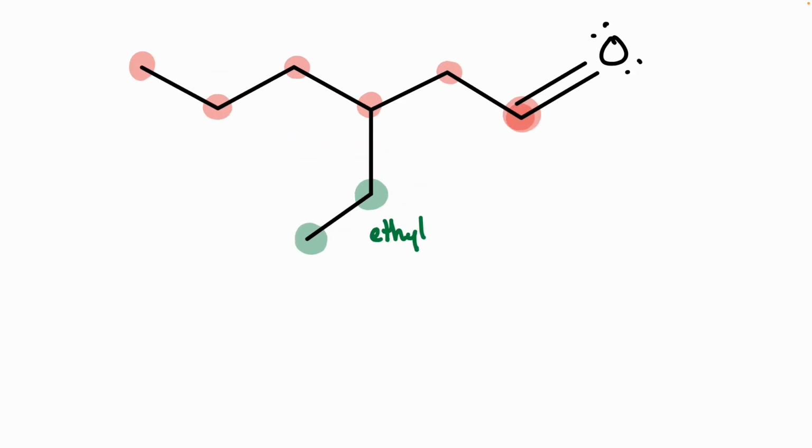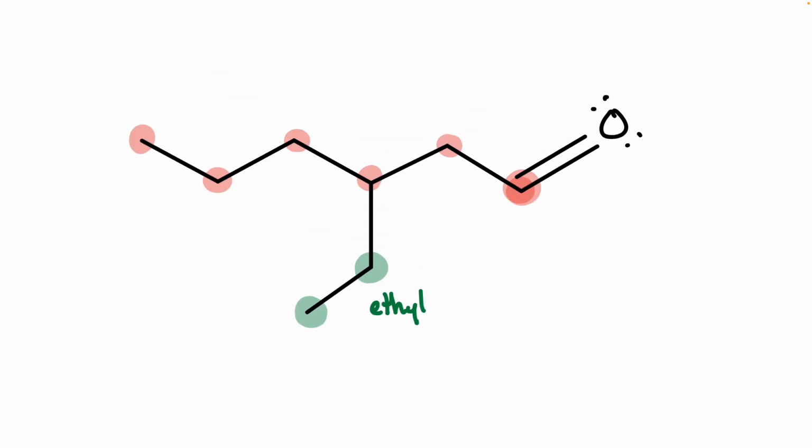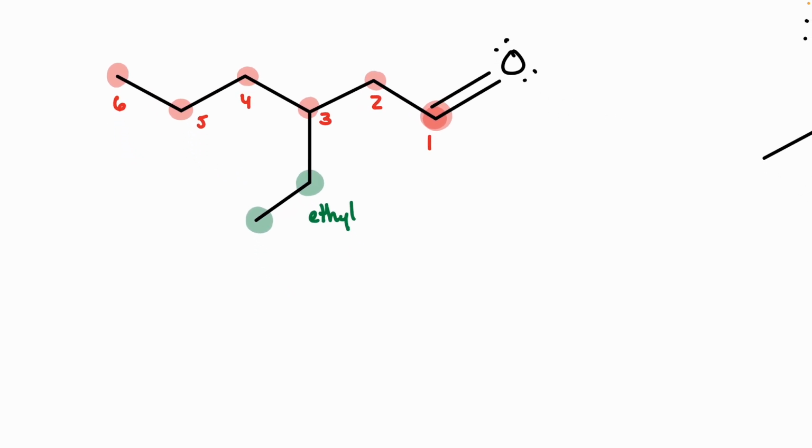We're going to number our parent chain, but I automatically know what carbon is carbon 1: that carbonyl carbon. Okay, so I need to put that substituent out front. This is a 3-ethyl, and then I don't have to include the 1, so 3-ethylhexanal.